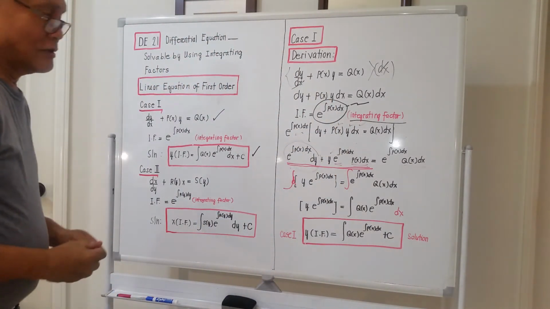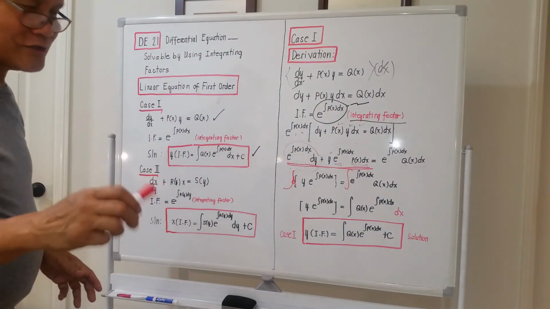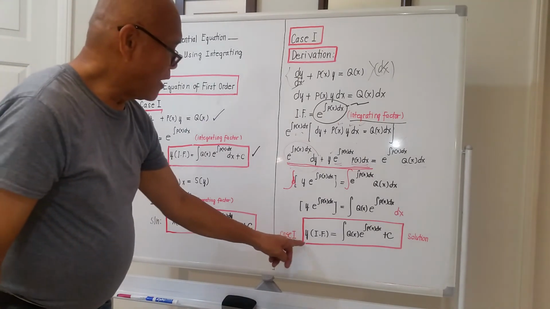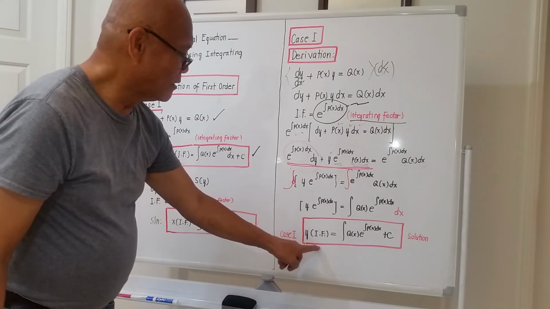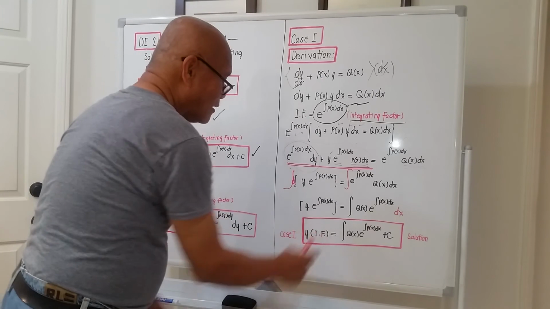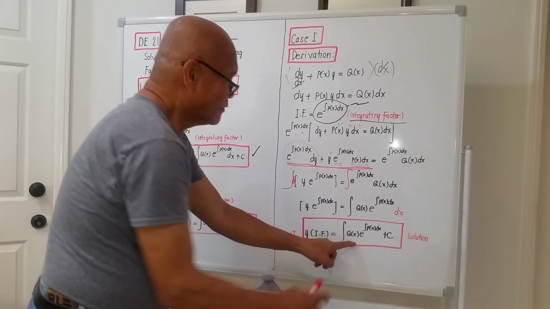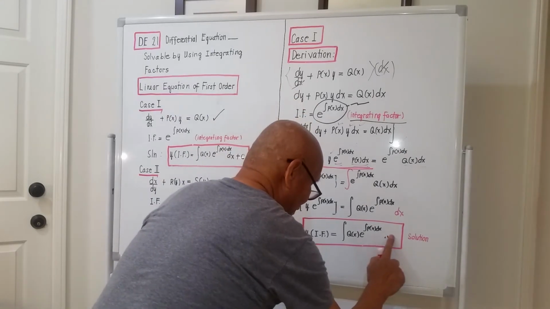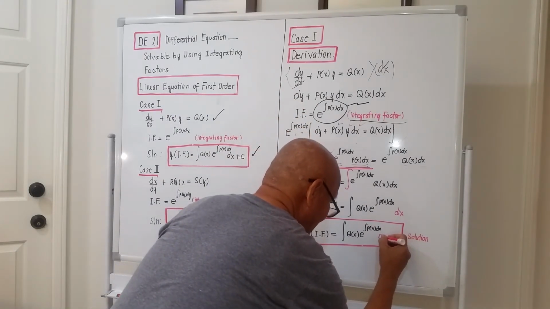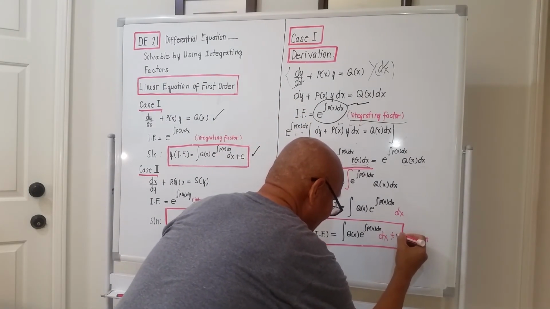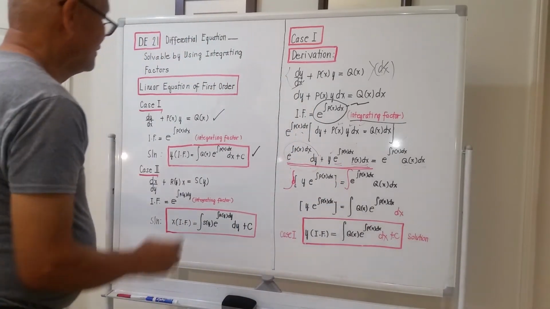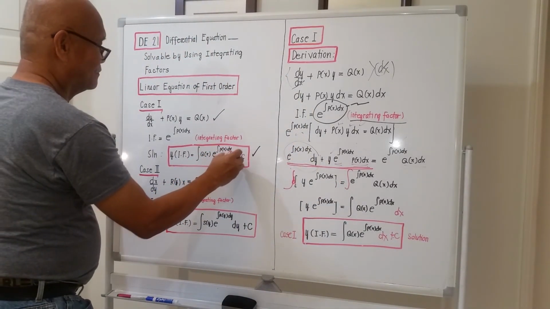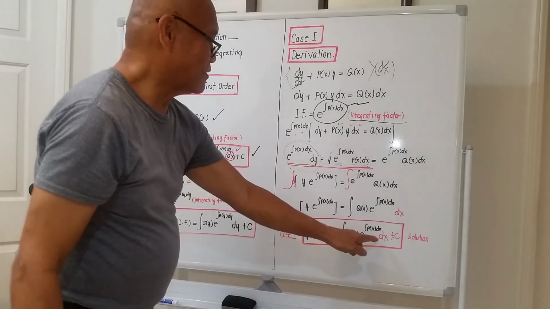So the general solution for case number 1 will be y times the integrating factor equal to the integral of q of x times the integrating factor, multiplied by dx. I missed the dx earlier.